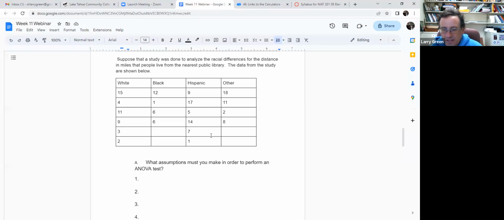Okay. You could still do ANOVA on this. We have to make that assumption, but let's say each of these had 50, and the next one had 180, and the next one had 75, and the next one had 93. It's fine that they're different numbers. And in that case, for number 1, you wouldn't have to assume, because then you would have large sample sizes for every one of them.